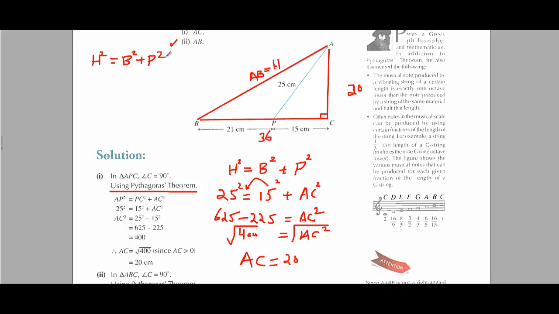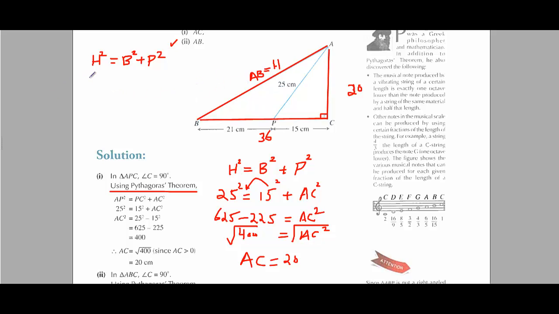Now this time we are applying Pythagoras theorem on this triangle. This big triangle is called ACB, whereas earlier we applied Pythagoras theorem on the smaller triangle, that was ACP. So let's plug in the values.